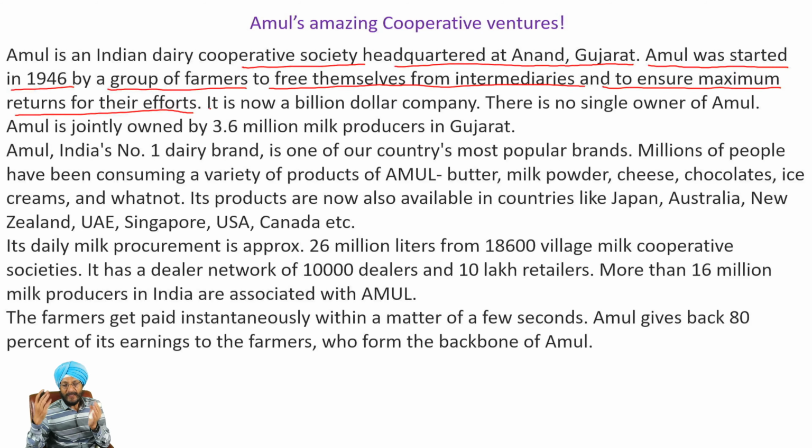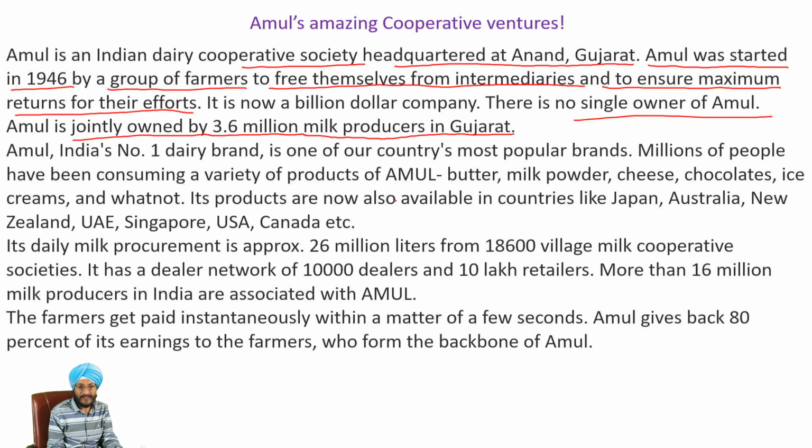When the farmers of that small area in Gujarat started the cooperative society, it slowly began its operations on a very large scale, and now that small cooperative society has turned into a $1 billion company. There is no single owner of that cooperative society. Amul is now jointly owned by 3.6 million milk producers in Gujarat.